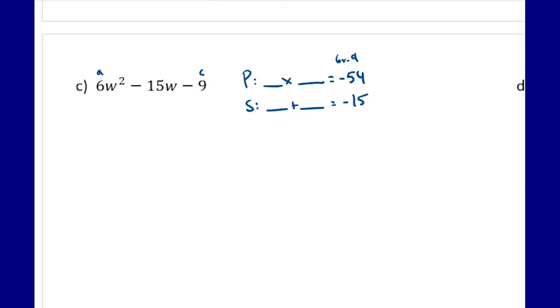You could look at the two numbers that we started with, 6 and negative 9. They multiply to negative 54, but they don't add to negative 15. Try to play around with some of these numbers.